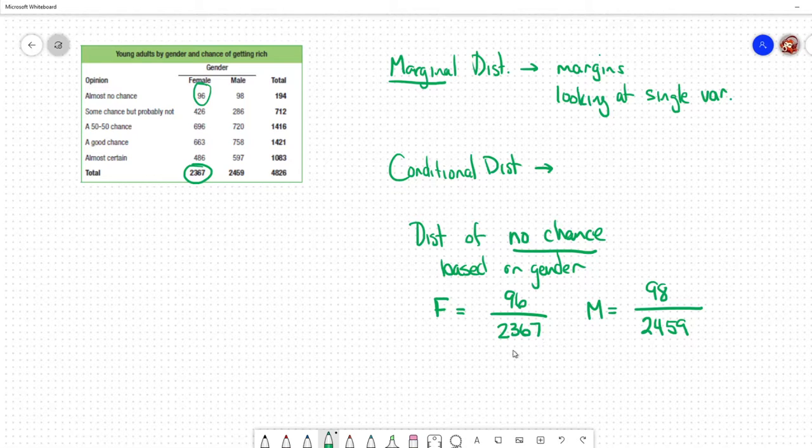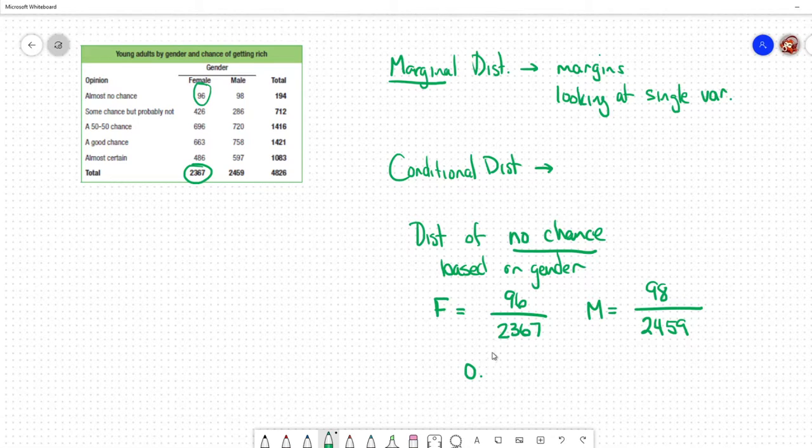So if I were to work these out as actual numbers, pull out my trusty calculator here and we'll actually work these out. So 96 out of 2367. So that gives me less than 4%.